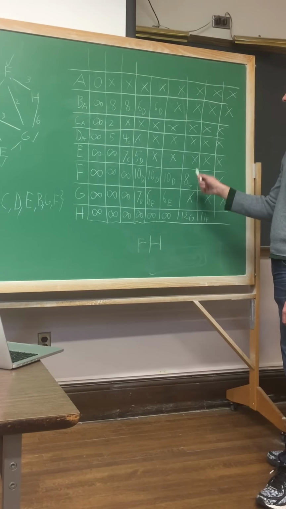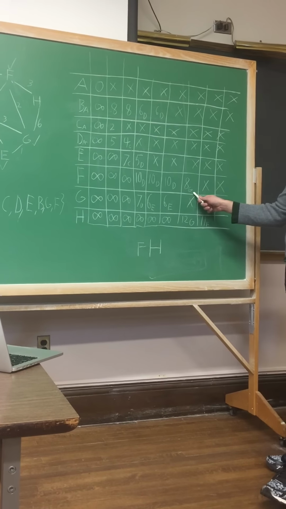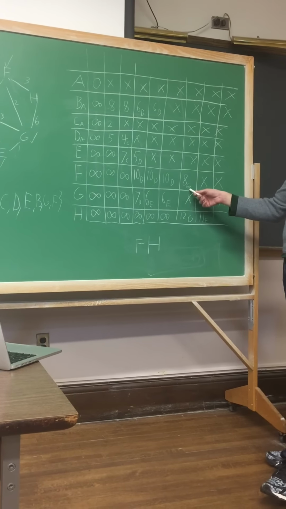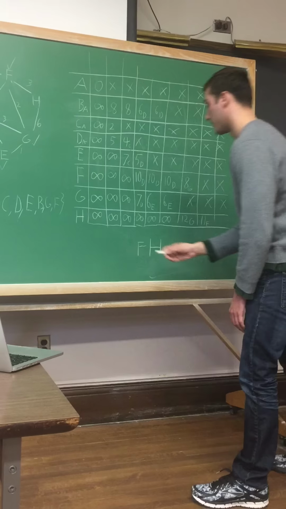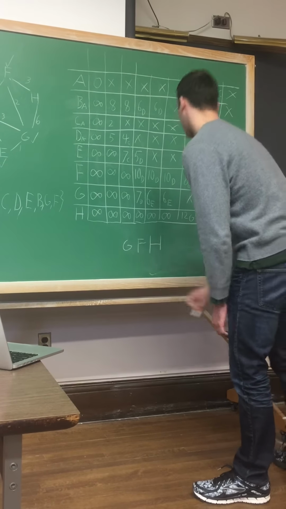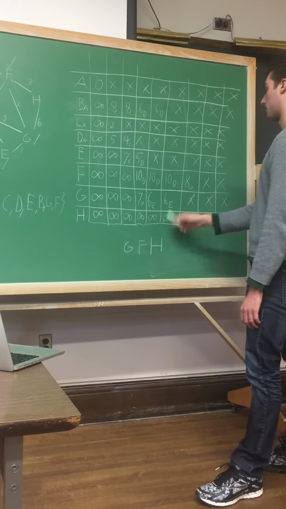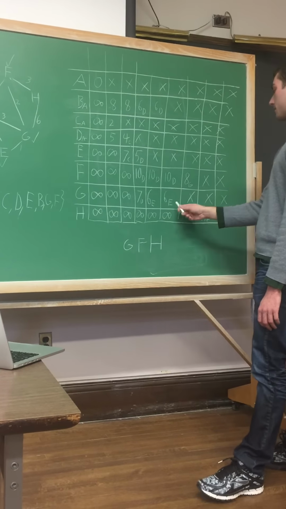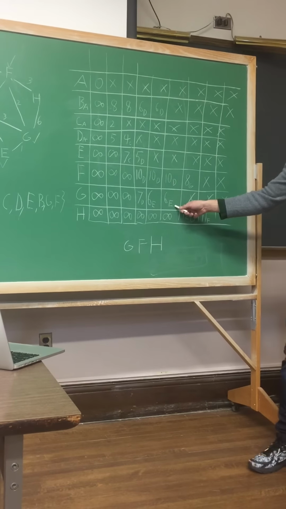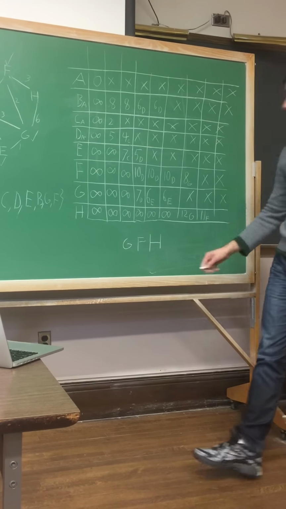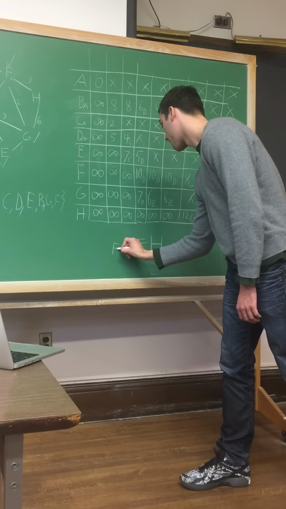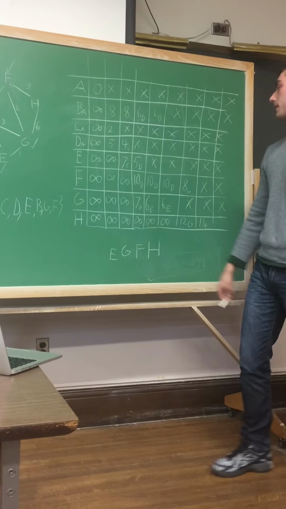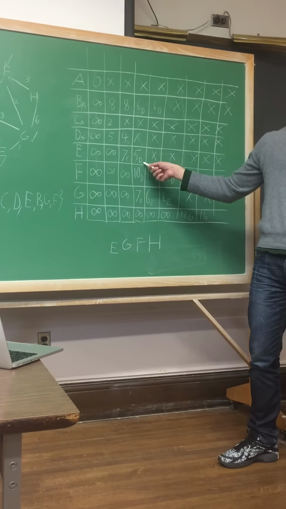Then we look at F's subscript. F's subscript is G, so that means we got there from G. So G, all right, where do we get to G from? E. Okay, and where do we get to E from?